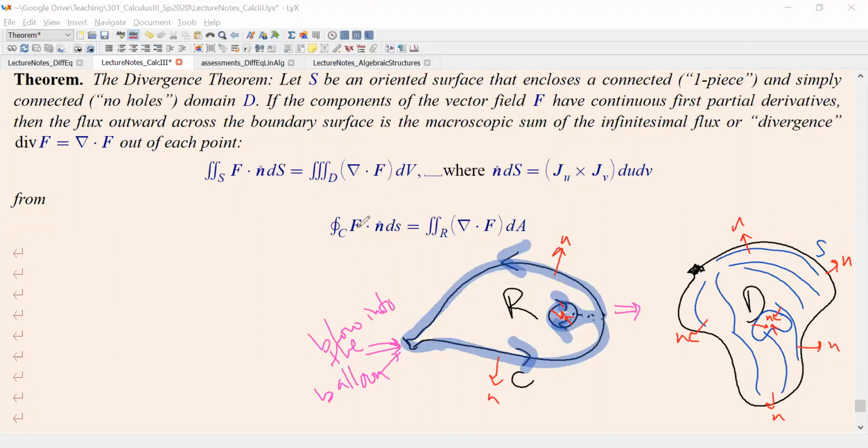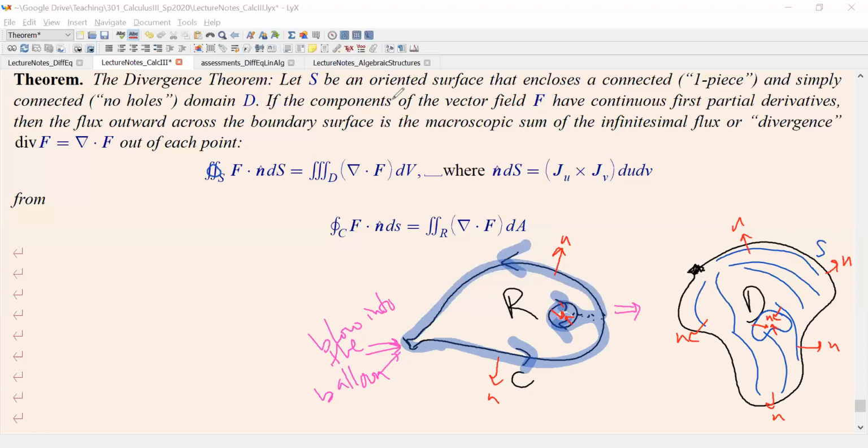That left-hand side turns into a double integral over the surface S. And this actually should have a circle through it. It doesn't have it in the book, so I didn't mention it here, and it's kind of hard to typeset. There it is. No, it's close enough.